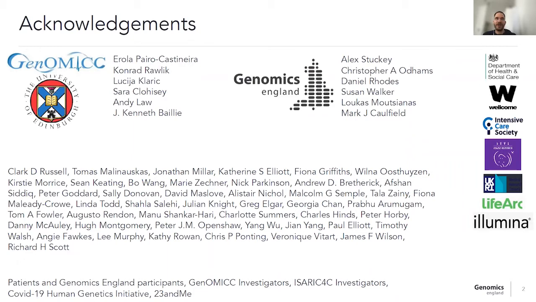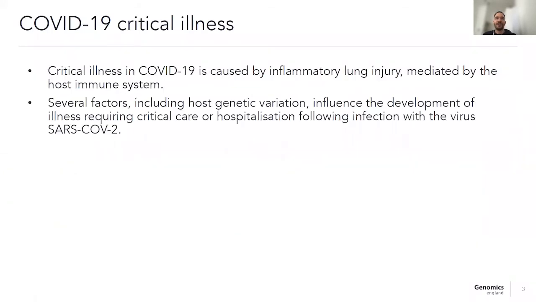And with that, next slide, I want to talk about what COVID-19 critical illness is, because as I said in my title, what we are going to investigate in the study is the host genetics underlying the critical illness. What we mean by that is inflammatory lung injury, which is mediated by the host immune system.